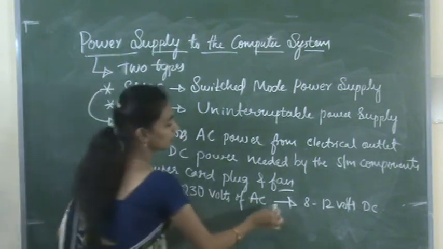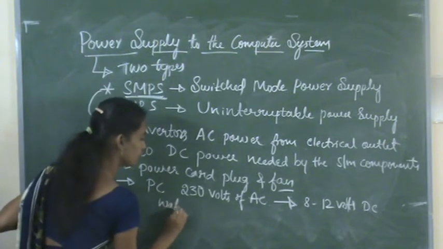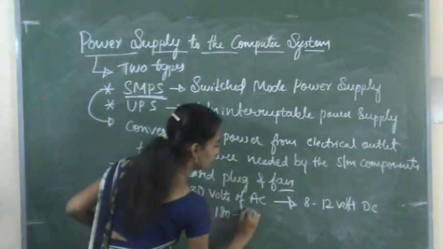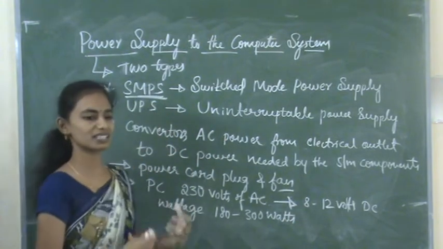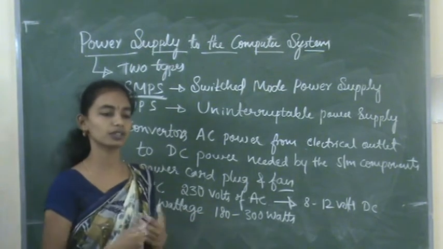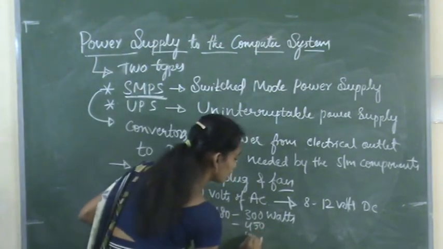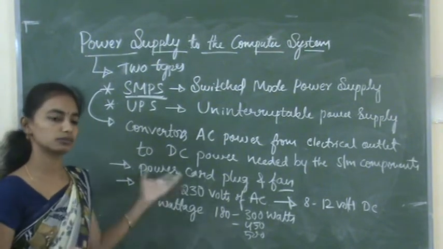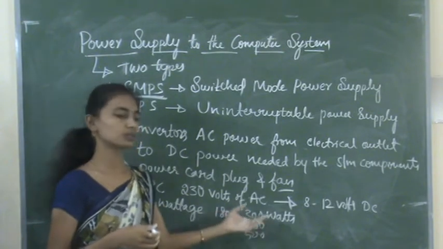This conversion has a rating of around 180 to 300 watts, or 180 to 450 or 500 watts of power utilization. Approximately, a normal PC consumes 180 to 300 watts.